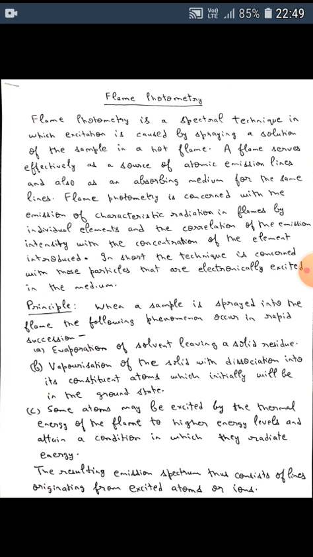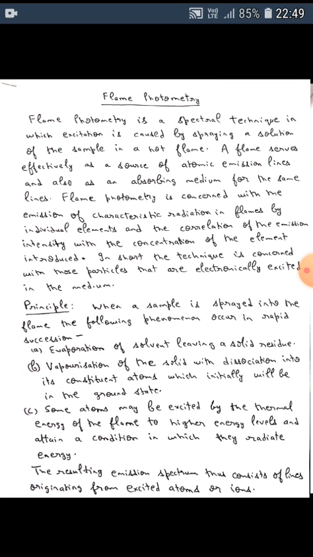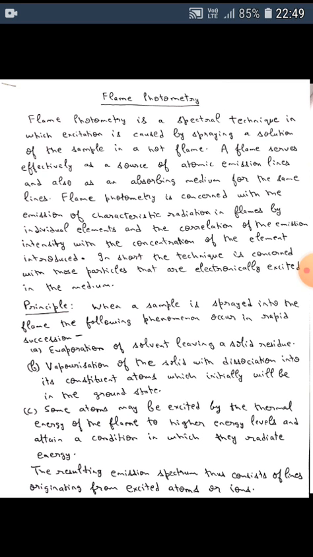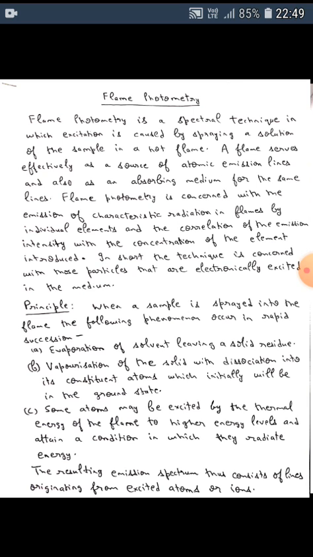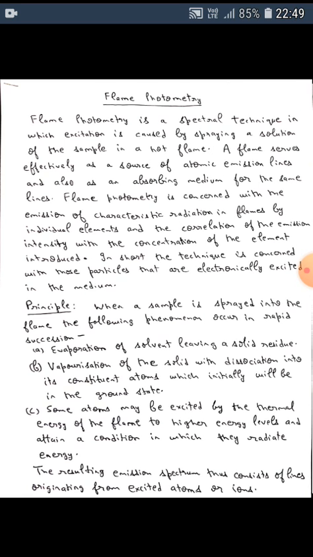Flame photometry coupled with readout devices produces a high sensitivity and high reliability for the determination of several elements. The technique is widely acceptable for the analysis of sodium and potassium, especially in fluids and tissues.